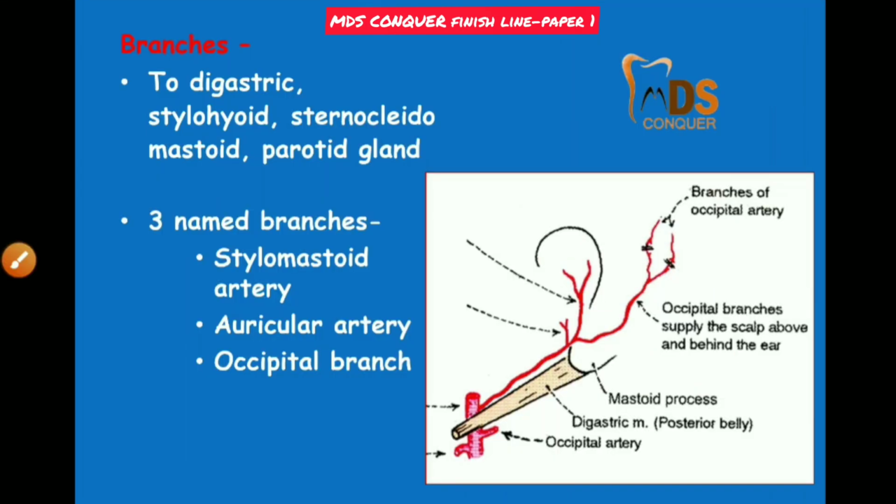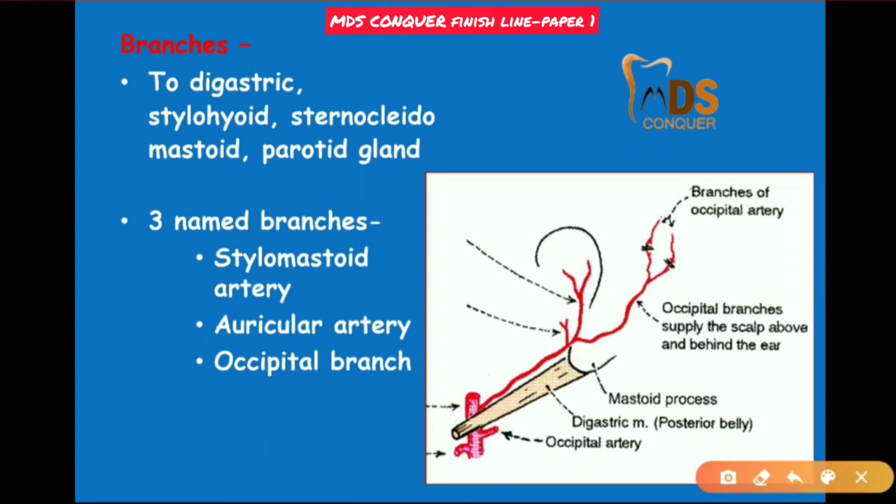Then coming to the branches, to the digastric muscle, stylohyoid, sternocleidomastoid and parotid gland. It gives three main branches: stylomastoid artery, auricular artery, and occipital branch. You can see here the branches, giving to the mastoid process, to the digastric muscle, and the occipital branch.